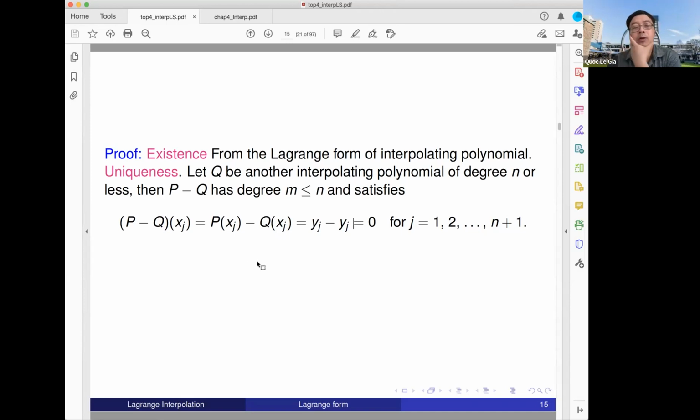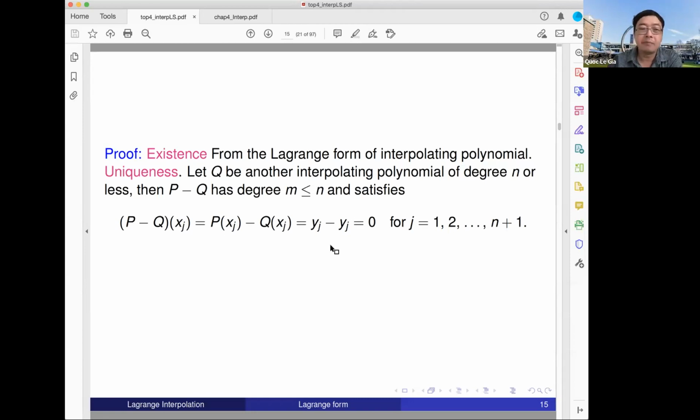If you have some polynomial, p minus q is a polynomial, and you know that it's 0 on xj, with j from 1 to n plus 1, what is your conclusion? Well, that's what we want to prove, so it needs a bit more steps. Now we have only equality at those points. Yes, they go through the same points.